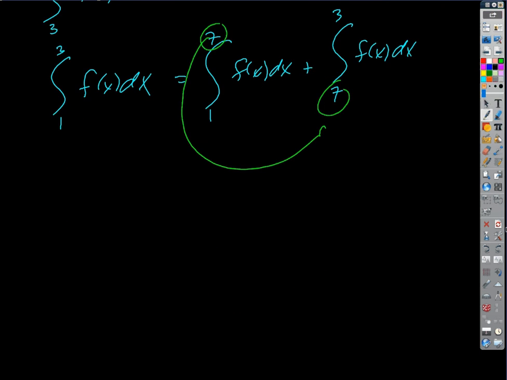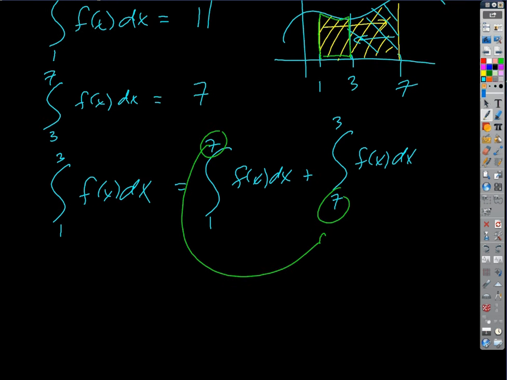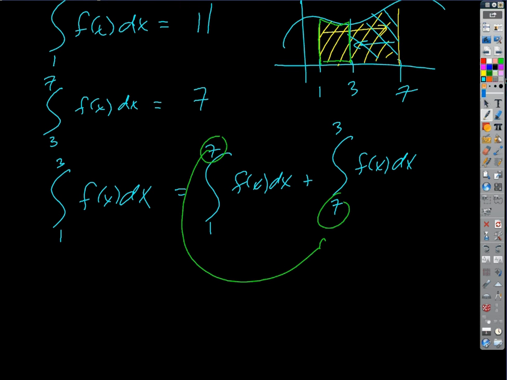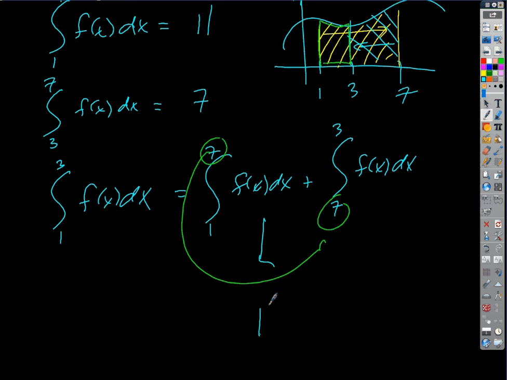Because if I look at the numbers here, this one we defined as being 11, plus, if the area under f of x from 3 to 7 is positive 7, what's the area from 7 to 3? Negative 7, right? That's a property we have. So I get 4, right?